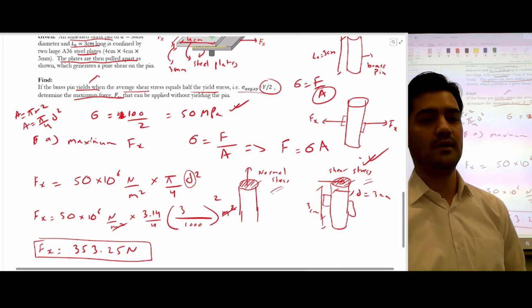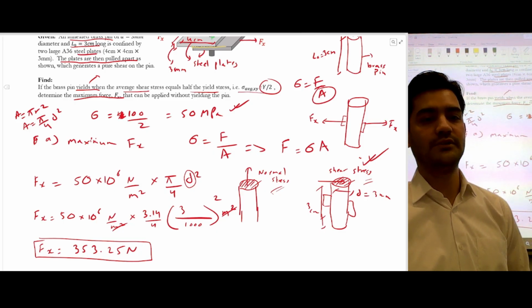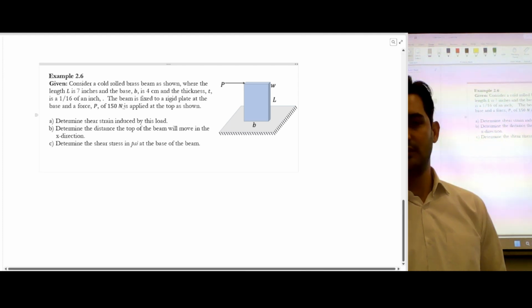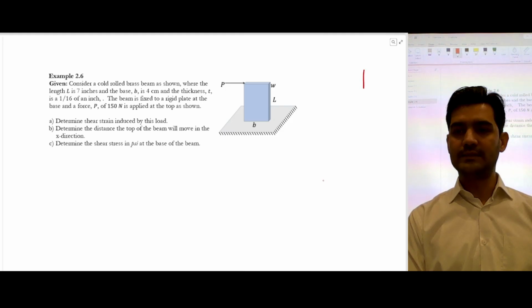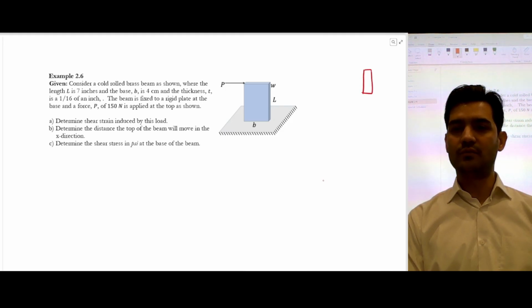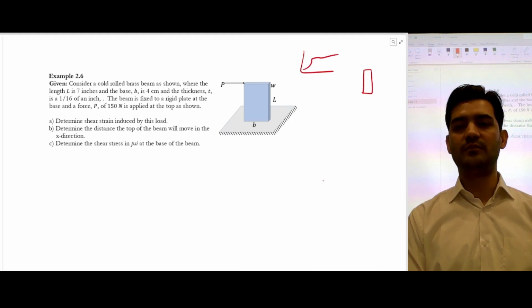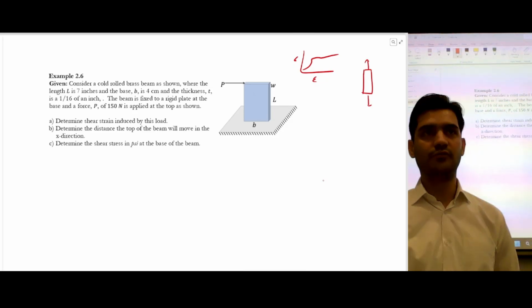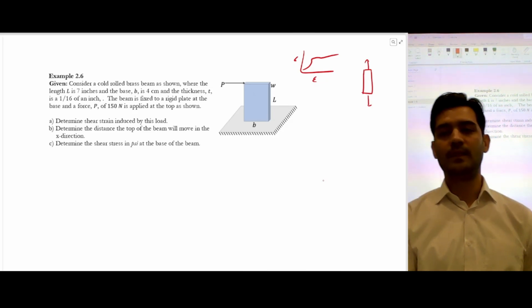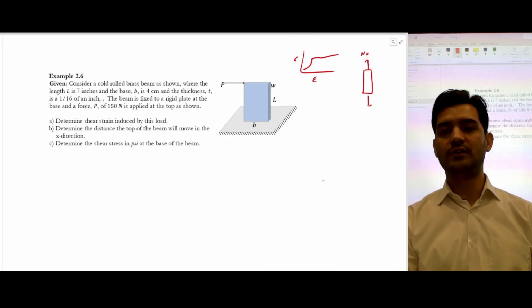So I'm gonna go to example 2.6. Last time we calculated the stress strain curve for a material when the material was put in a machine, and the force was a normal force.